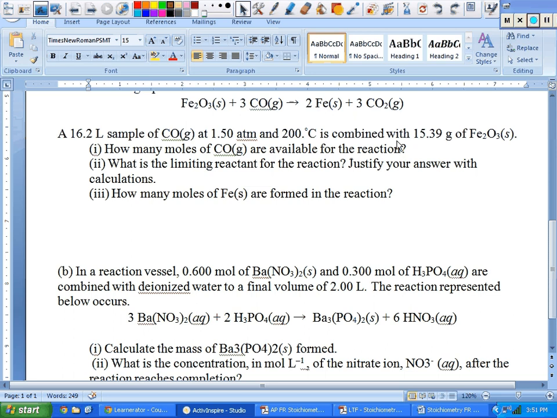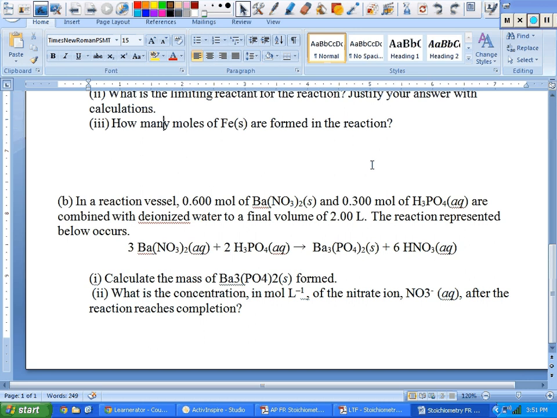All right. In a reaction vessel, 0.6 moles of barium nitrate and 0.3 moles of, what's this thing right here? It starts with an H and it's aqueous. What polyatomic is PO4? Phosphate, and ate turns to ic, so it's phosphoric acid.